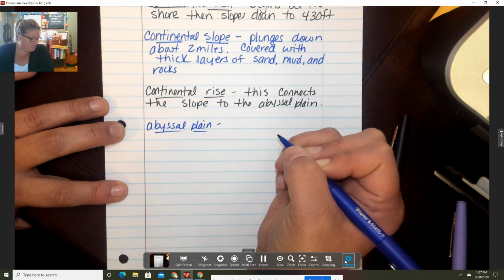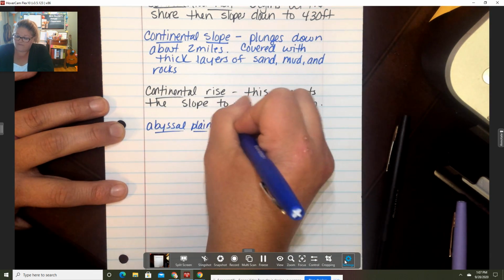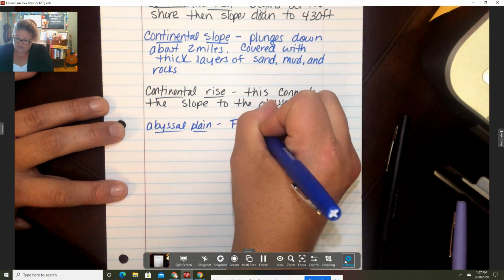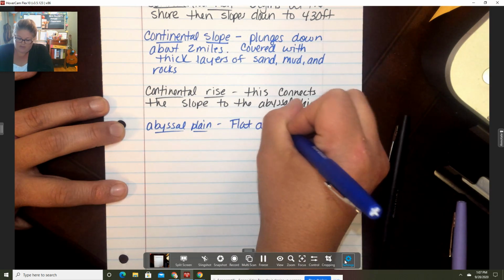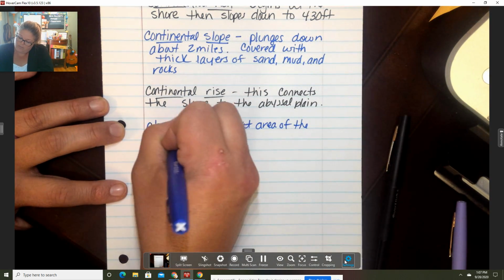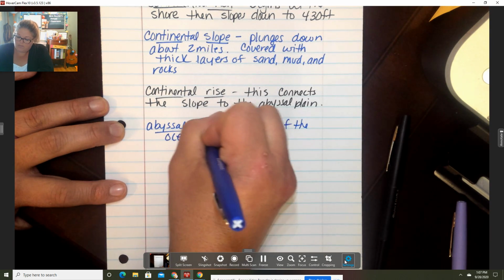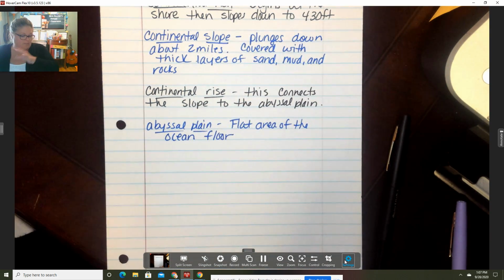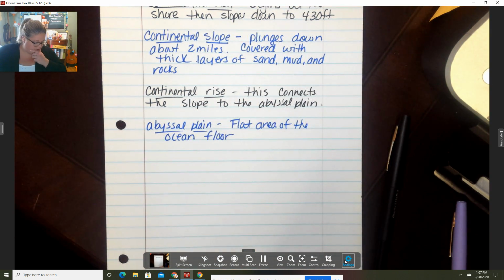Okay. This is the flat area of the ocean floor. And I know I'm going fast, but you guys can pause the video when you need to. All right.